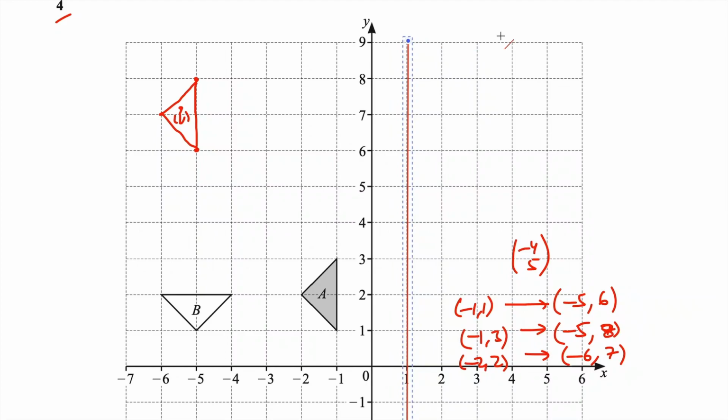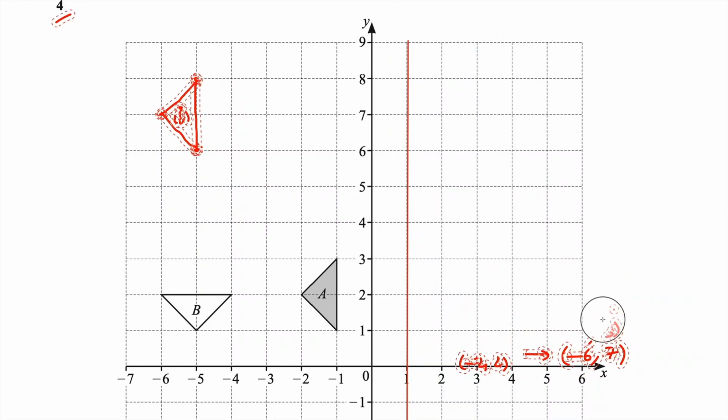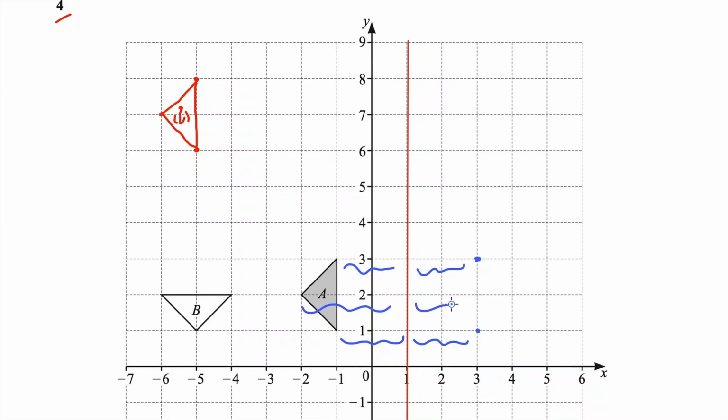Okay, now I drew the mirror line, so let me just rub this off, and now what will happen, every point, so this is 2 away from it, so it will be 2 away from it also. This is 3 away from it, so this will be 3 away from it, and this is the reflection.